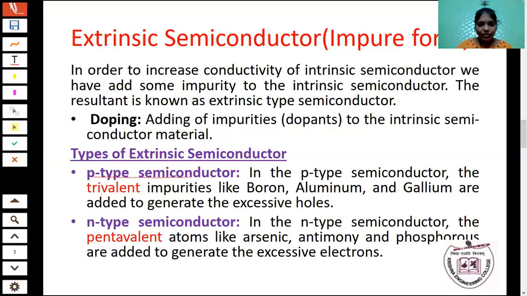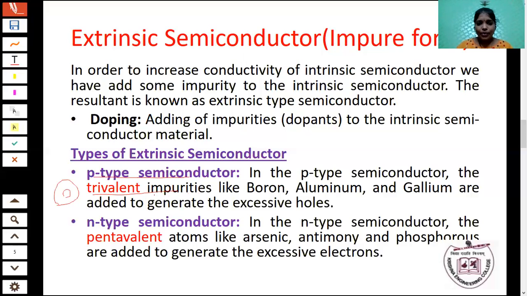What is the meaning of trivalent? Trivalent means any atom that has 3 valence electrons in the outermost shell. Tri means 3. So any element which has 3 valence electrons in the outermost shell, those atoms we are going to add to the intrinsic semiconductor.